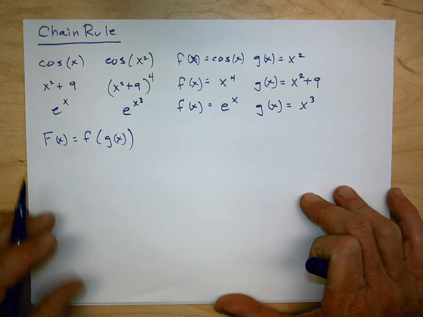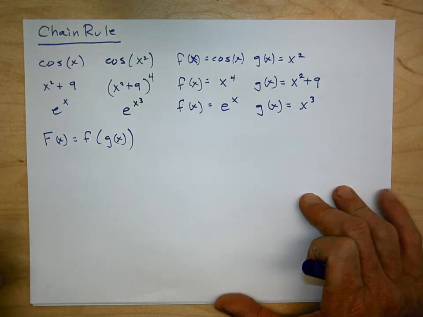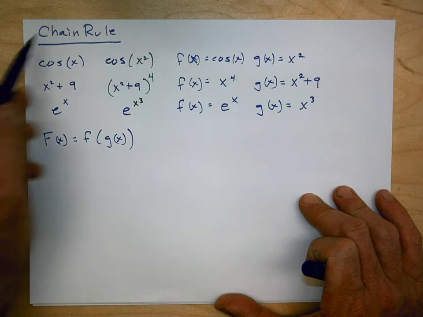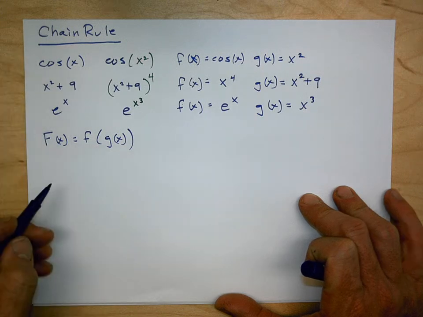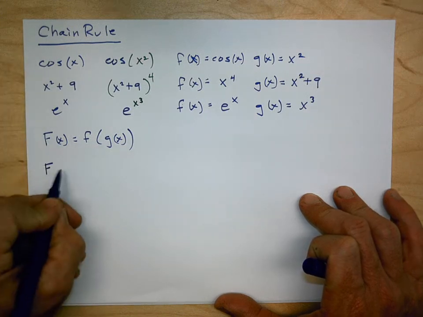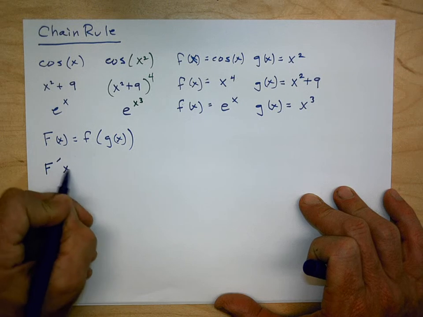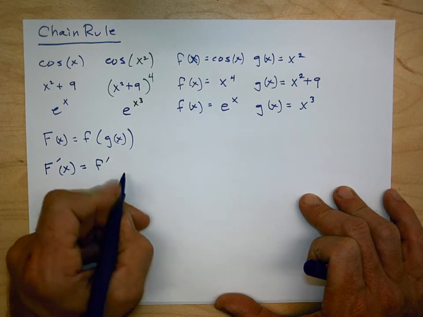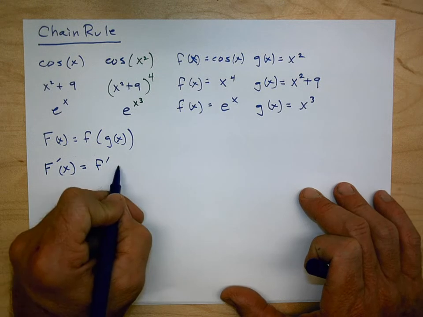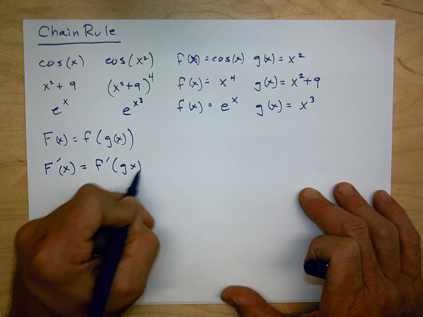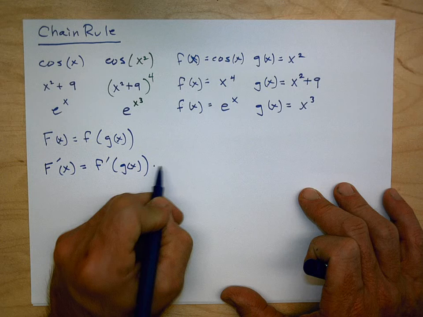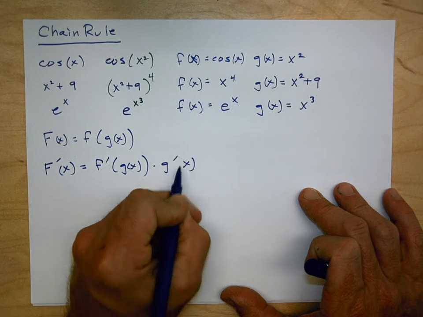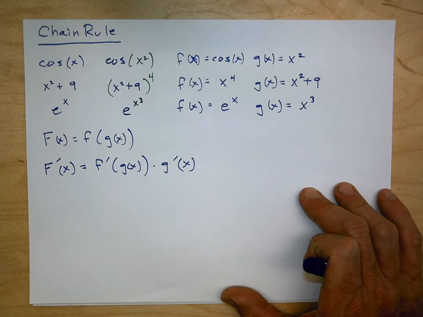In order to give you some intuition about how the chain rule works, let me state it first. The derivative of a composition is the derivative of the outside function evaluated at the inside function times the derivative of the inside function.